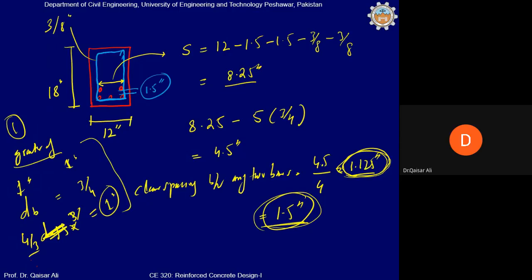Clear? So just remember this: the clear distance between two bars in the same layer or the clear distance between the bars of different layers shall be at least 1.5 inches.